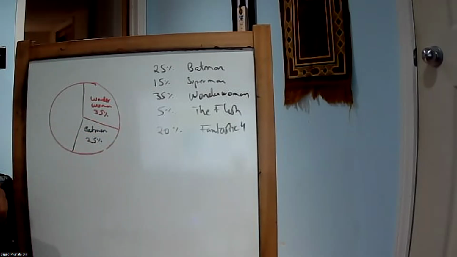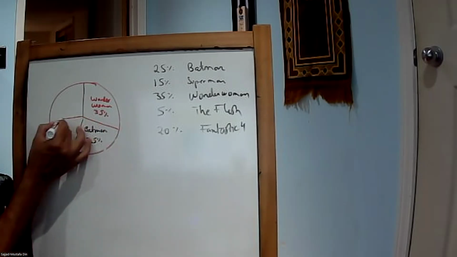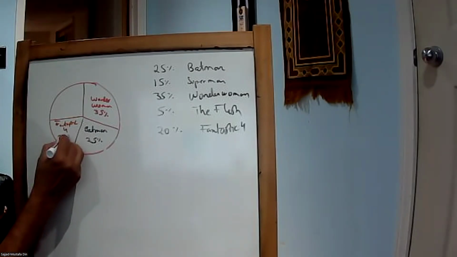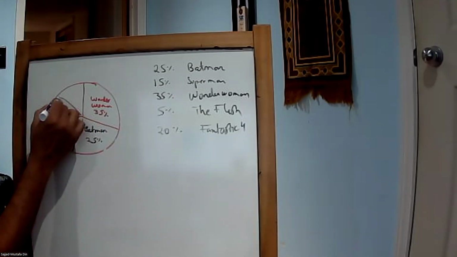And you show it in different colors. And then what's the next one? 20% is Fantastic Four. You also want to label the numbers. It's the next one, 15% Superman.